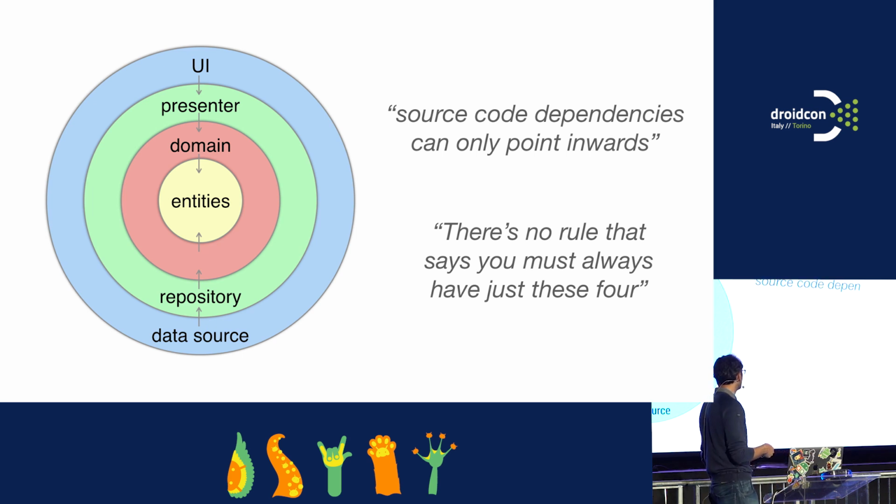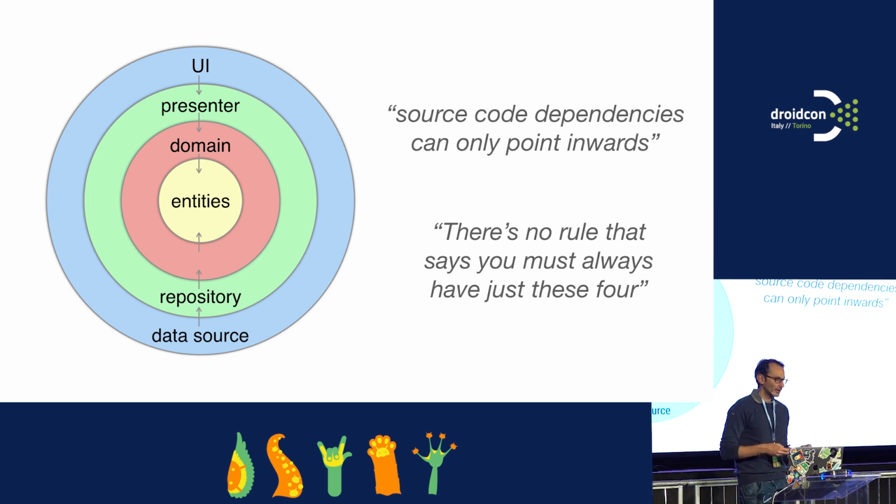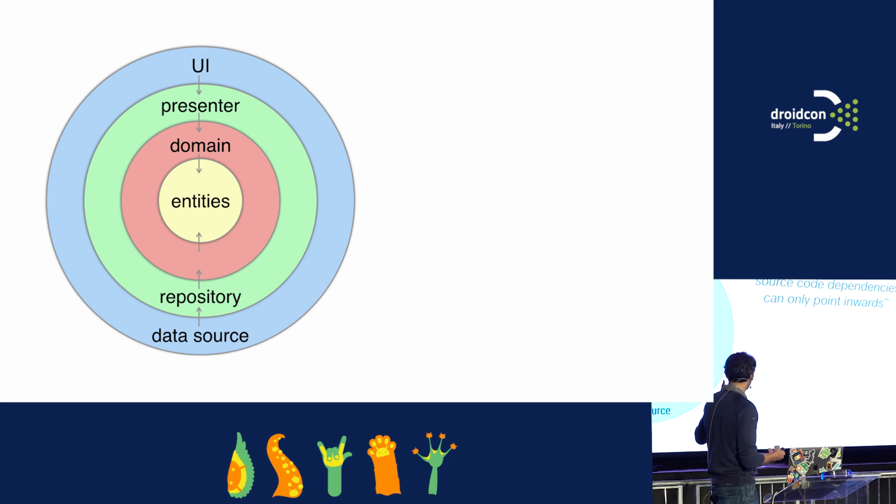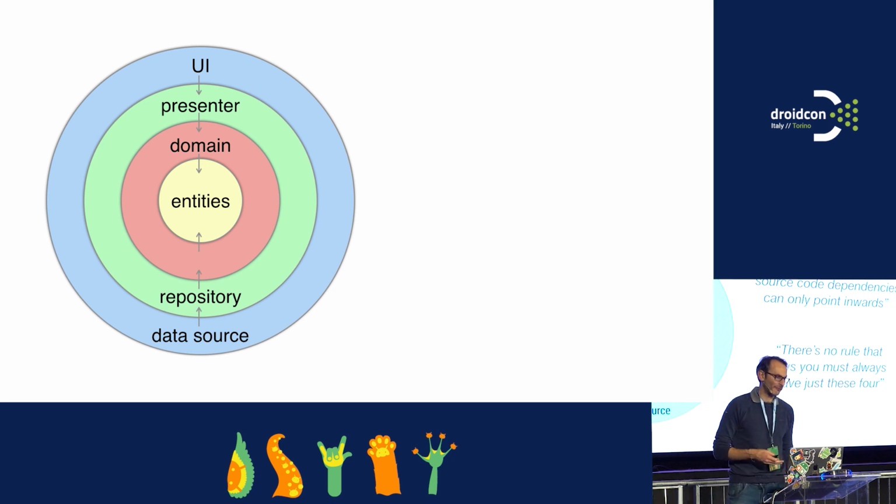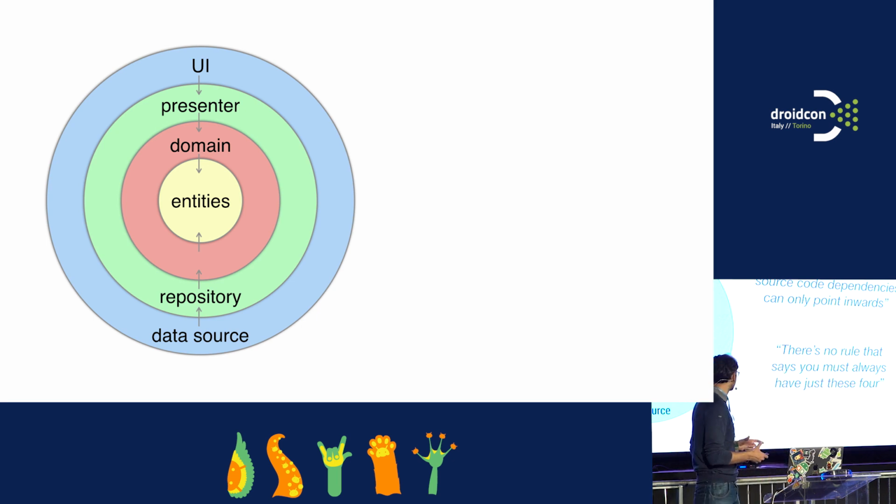The first important rule is that source code dependencies can only point inwards. So the stuff on the external circles depends on the stuff on the internal circle. So the domain just depends on the entities. The UI depends on everything, more or less. And the other rule is this: there is no rule that says that you must always have just 4 circles, let's say.